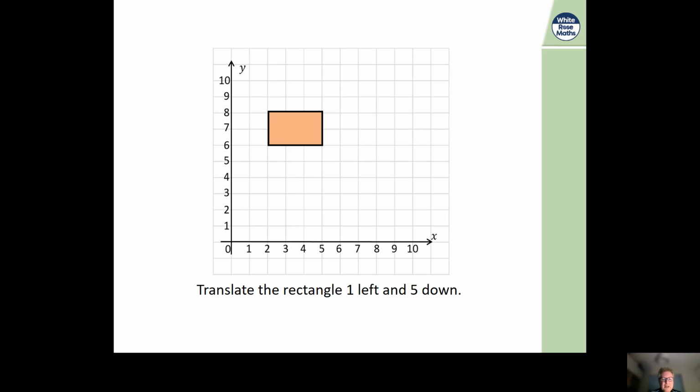Now it's translating a shape, a two-dimensional shape, and you're being asked to translate or move it 1 left and 5 down.